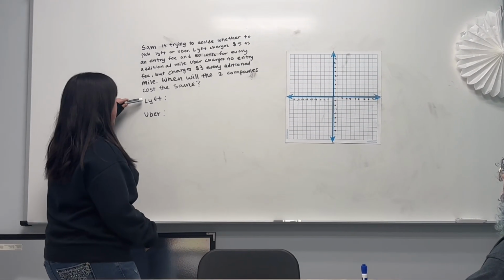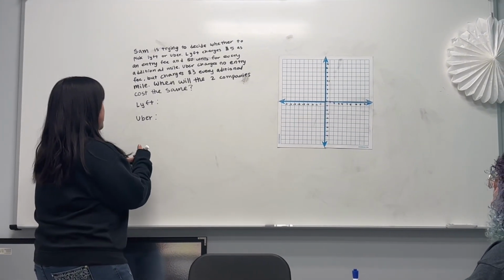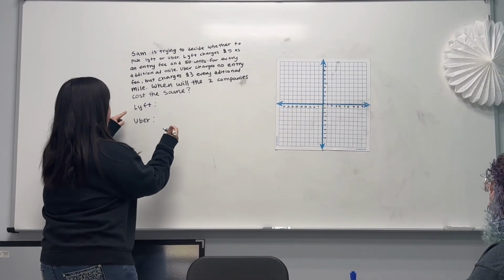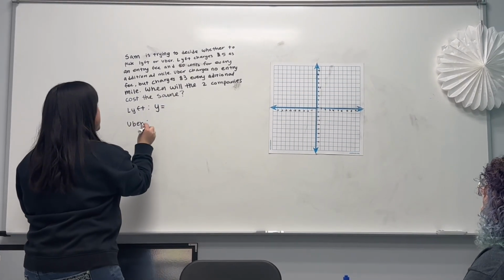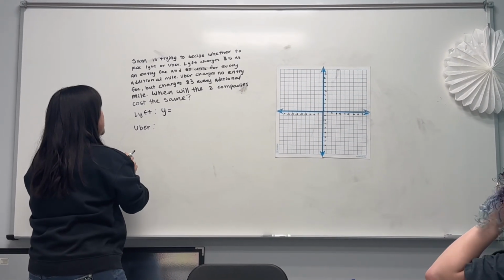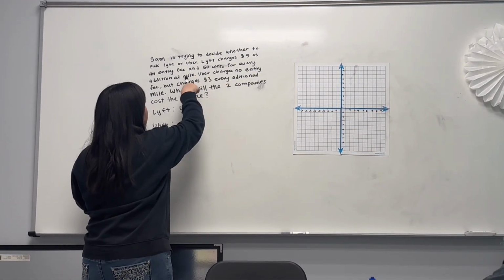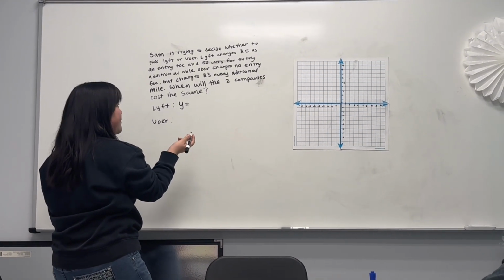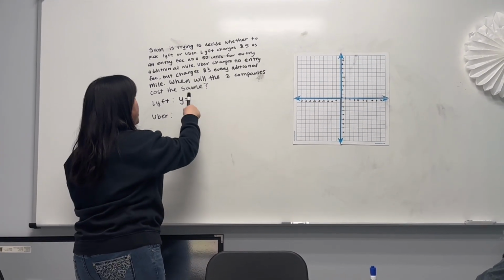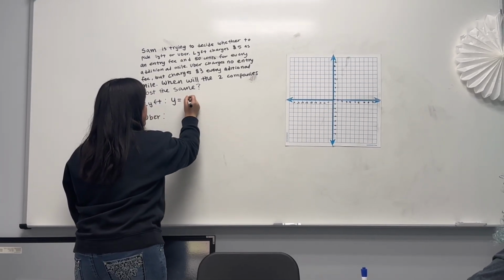First I just wrote these down to help me remember which one's which. First I'll write it for Lyft, so y equals. We can see that the 50 cents is for every mile, which means it's not just a flat fee, because it will change depending on how many miles there are. So we could label that with x.